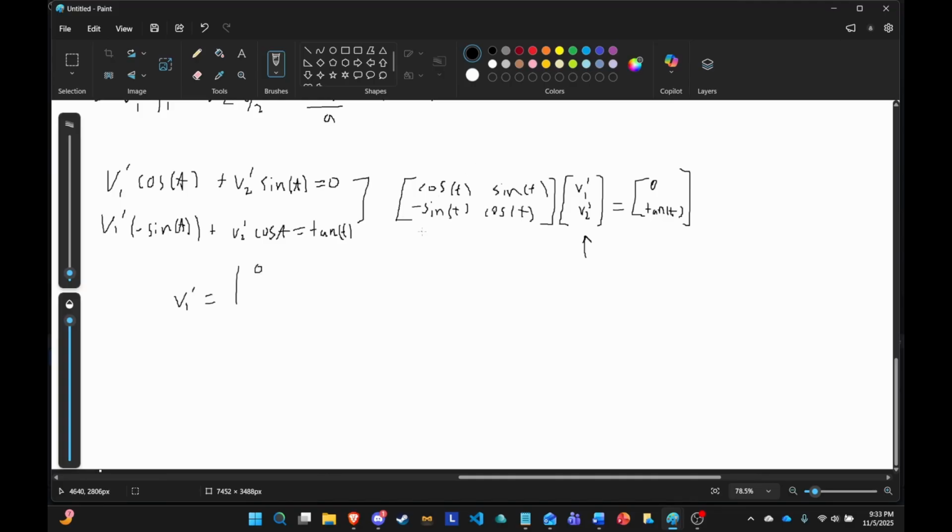So the first column of this matrix turns into this column: 0, tangent of t, and then just the same second column, sine of t, cosine of t.